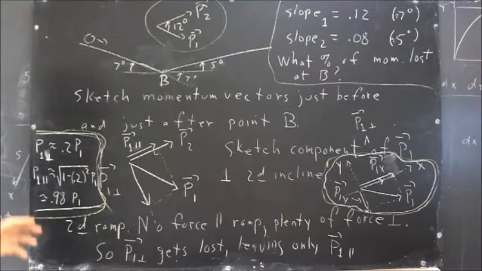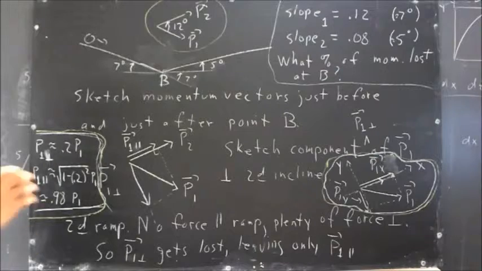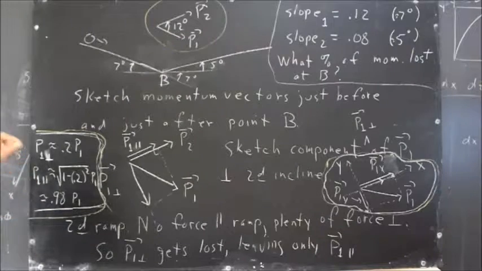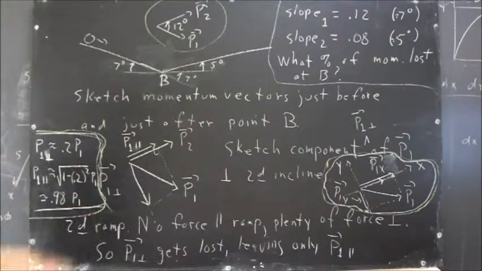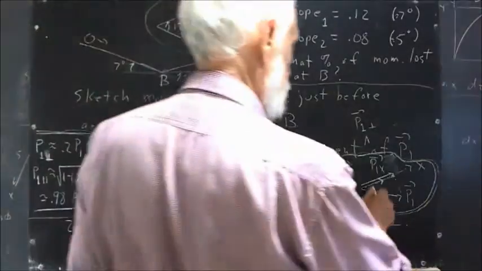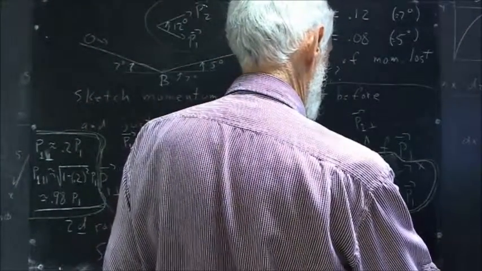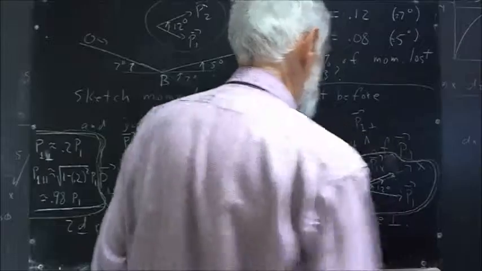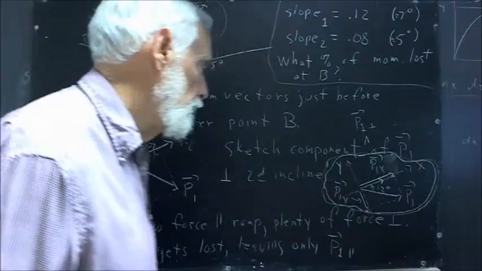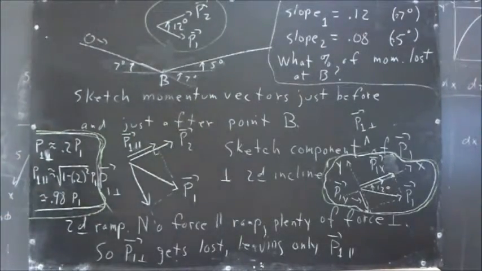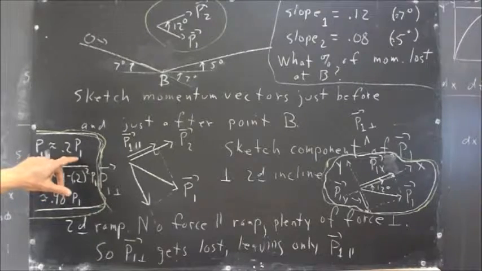In any case, if you use the 12 degrees to calculate this projection, or some other method, this angle is now 12 degrees, so clearly it's P1 times the cosine of 12 degrees, P1 times the sine of 12 degrees. You get that P1 perpendicular is approximately equal to 0.2 P1.